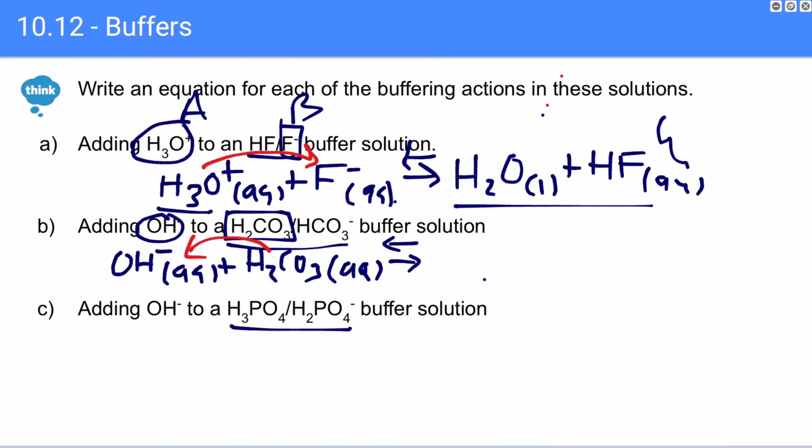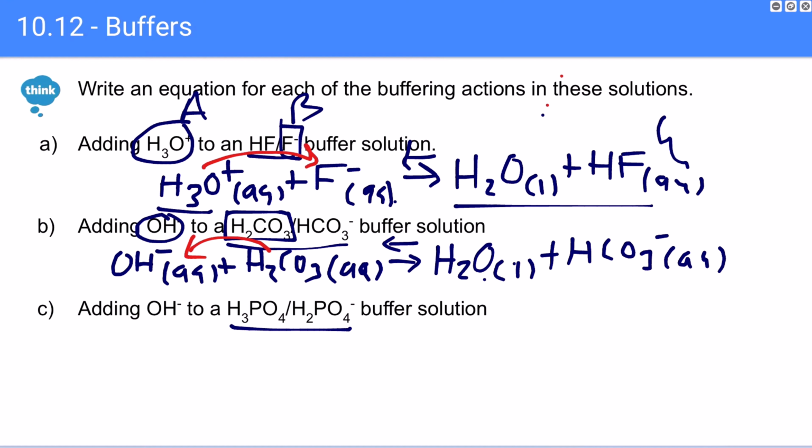And so what I end up with is H2O, liquid, and HCO3 minus, which is aqueous.